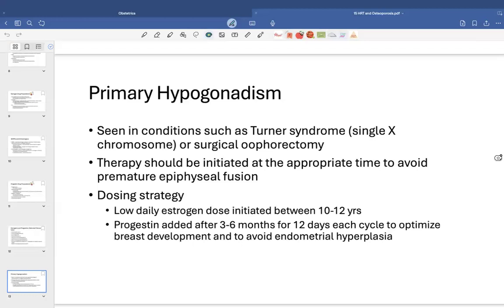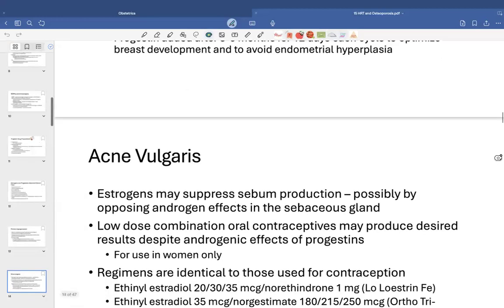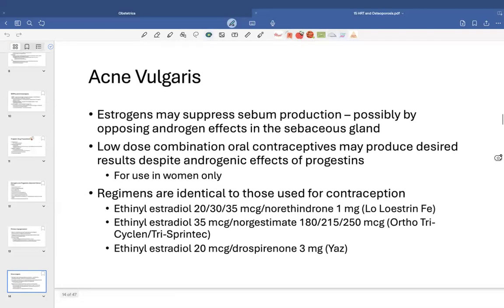Last week, you talked as well about the use of contraceptives for treatment of acne, which is a legitimate use, and you can touch on why it works. Basically, sebum production that's responsible for acne seems to be, at least to some degree, enhanced by androgenic effects.